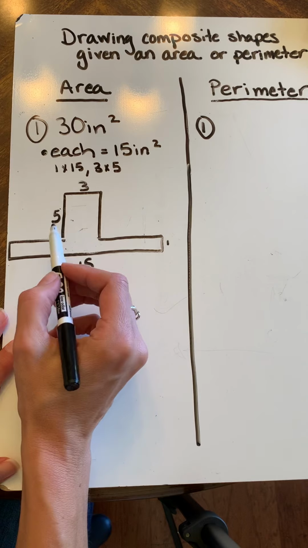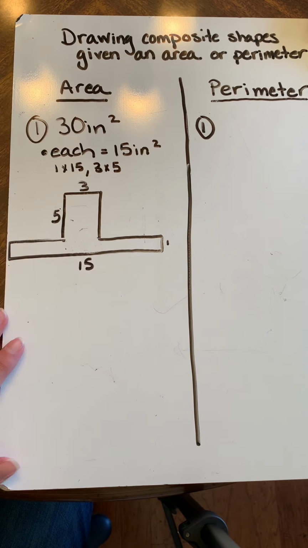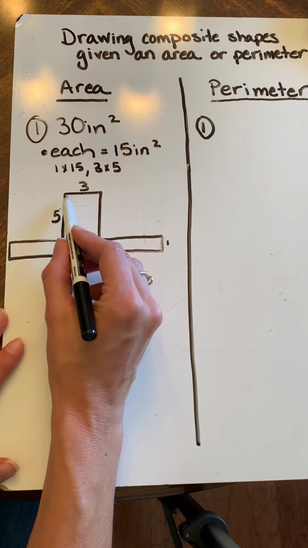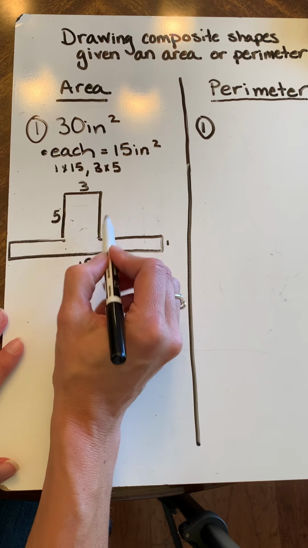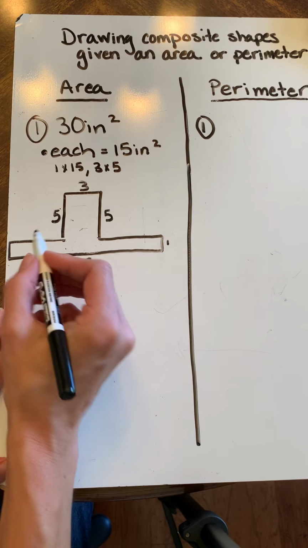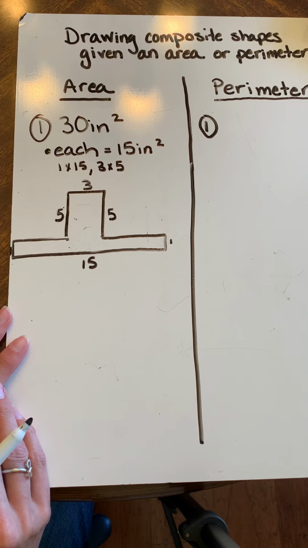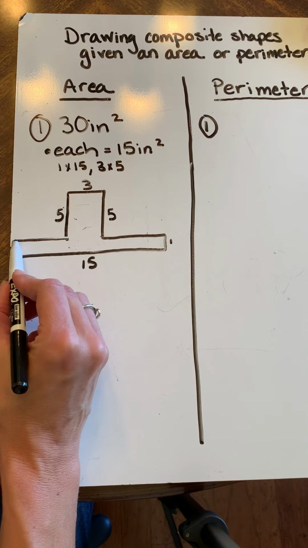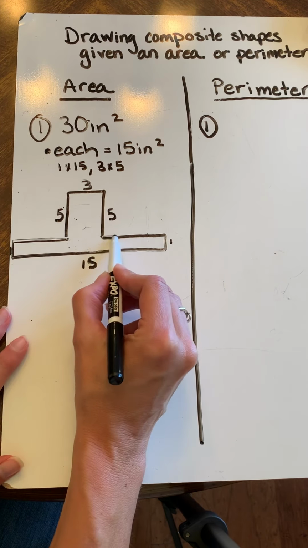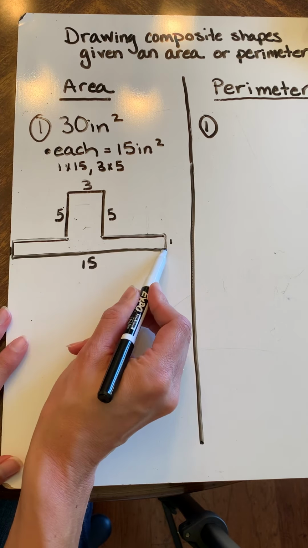It almost looks like a trophy stand, or at the Olympics, you know how they stand in their places for their medals. So if it's 5 on this side, I know it's going to be 5 on this side. I also know that if it's 1 over here, it's going to be 1 over on the other side. So the only 2 parts I have missing so far are these 2 right here. I know that all together across it has to be 15.